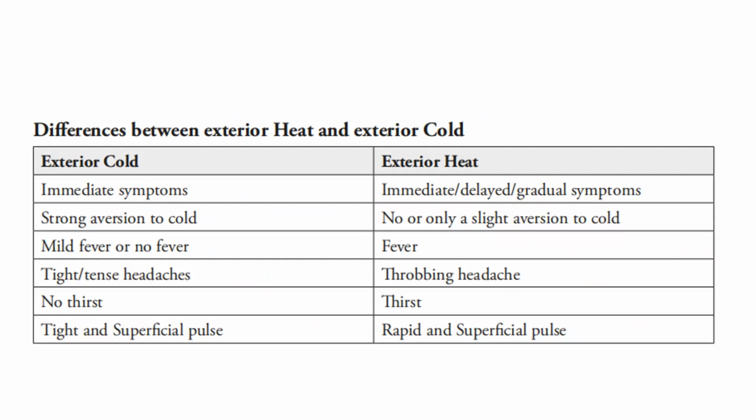There is mild fever or no fever in exterior cold, and in exterior heat, there is a fever. There is tight or tense headache in exterior cold, while in exterior heat, we have the throbbing headache. There's no thirst in exterior cold, while in exterior heat, there is thirst. There's tight and superficial pulse in exterior cold, while in exterior heat, there is rapid and superficial pulse.